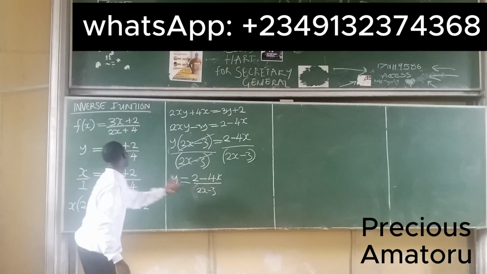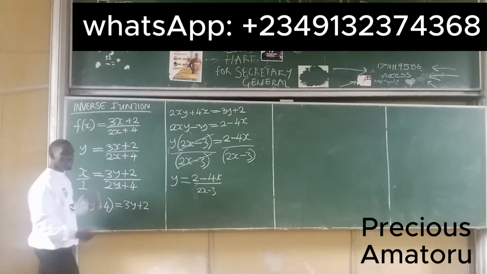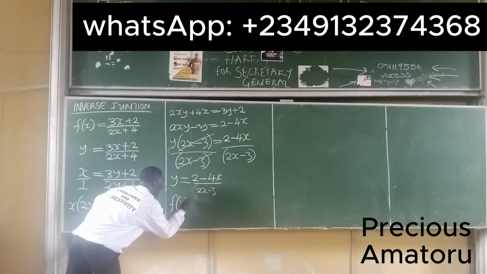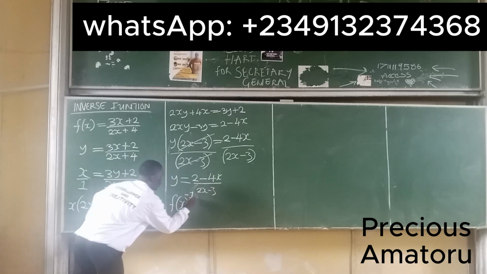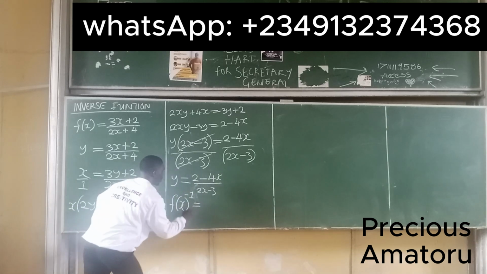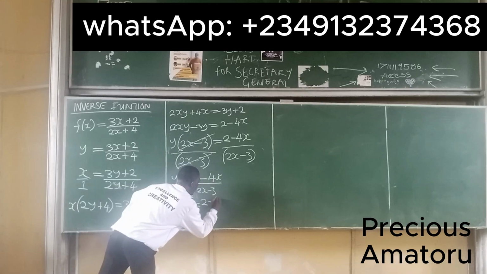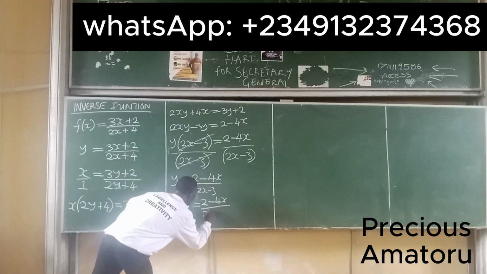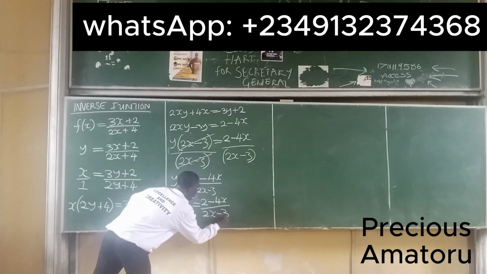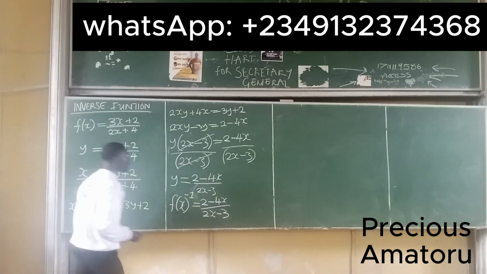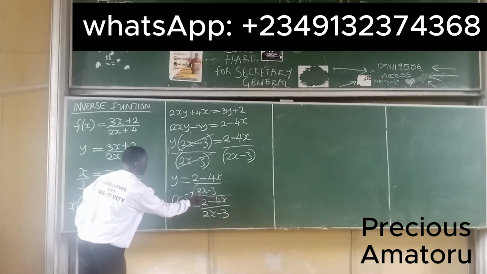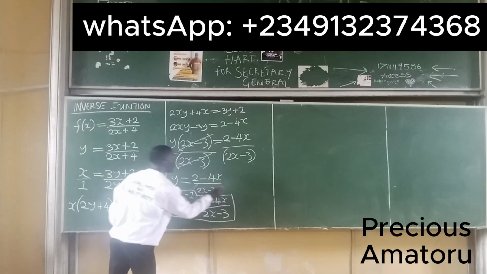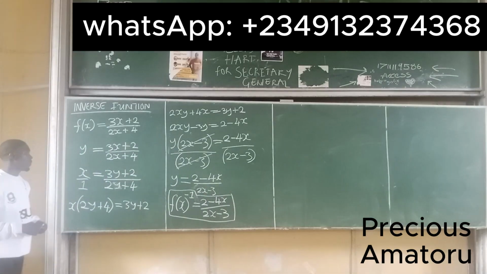So this is now the inverse, and we can put it in the notation f of x inverse is equal to 2 minus 4x all over 2x minus 3. So this is the inverse of the function given here.